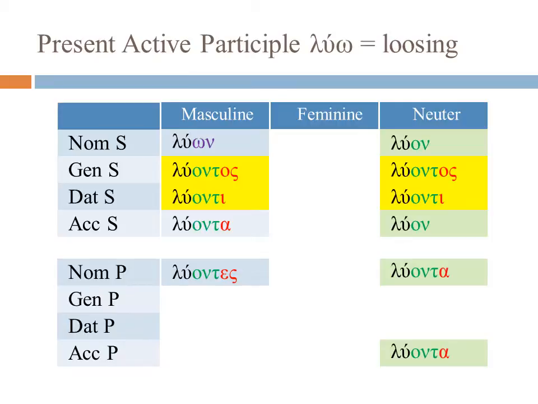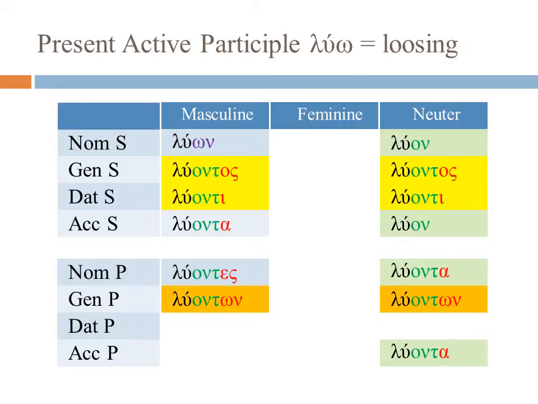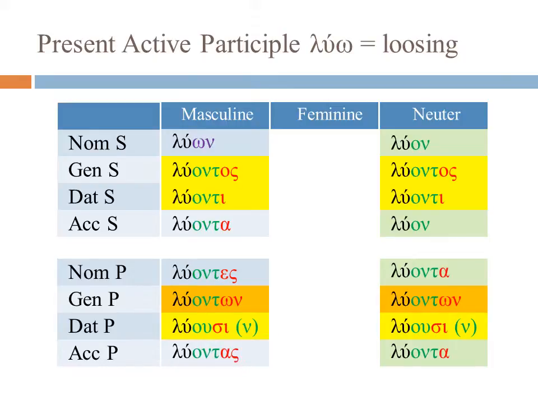Plural is always alpha. Then we have luonton, same in the masculine and neuter. The dative is luousi, again, the same in the masculine and neuter. And the accusative plural is luontas.